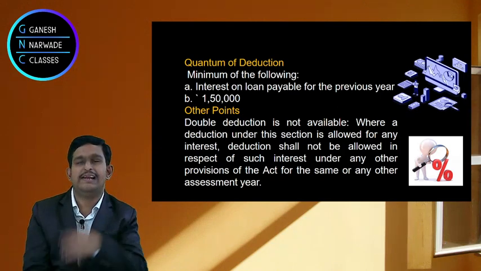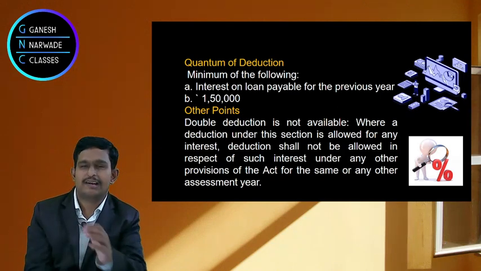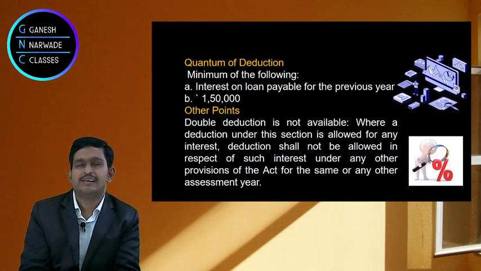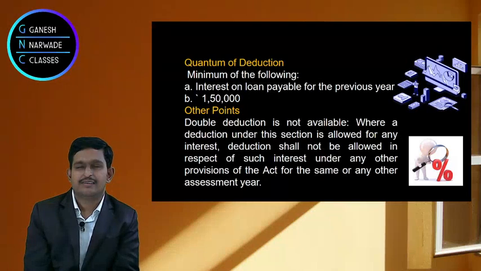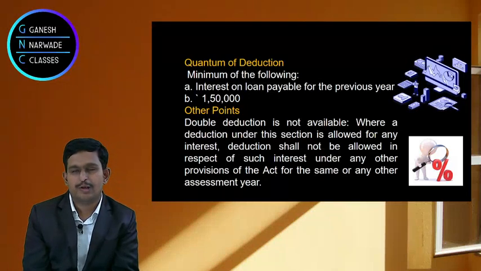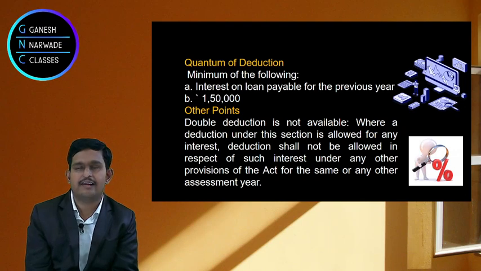If you have paid more interest, you can claim more deduction under this section because of section 24 also. So if you have taken any deduction under other sections, don't take it here.